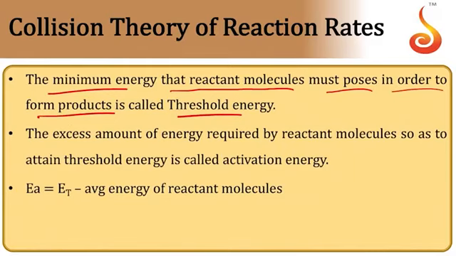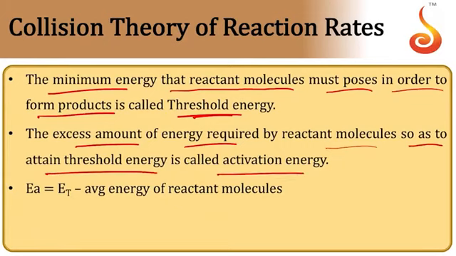The excess amount of energy required by reactant molecules so as to attain threshold energy is called energy of activation. Energy of activation can be given as ET, threshold energy, minus the average energy of reactant molecules. So Ea is given by ET minus the average energy of reactant molecules.